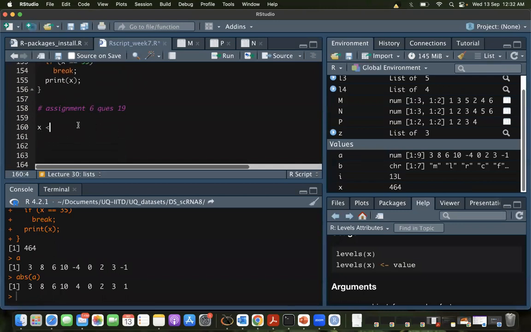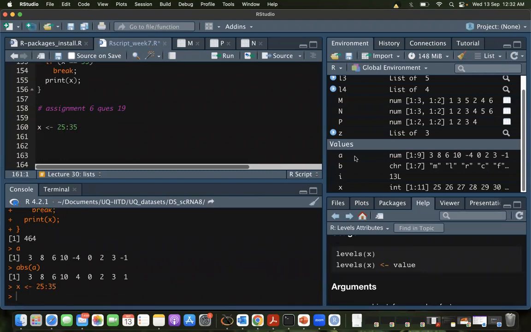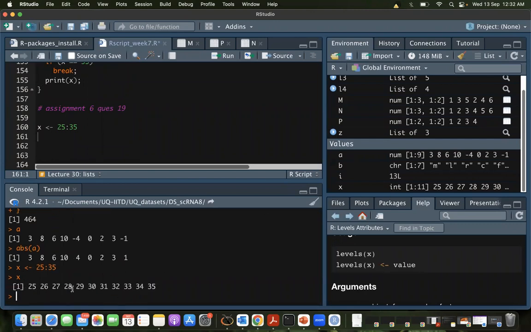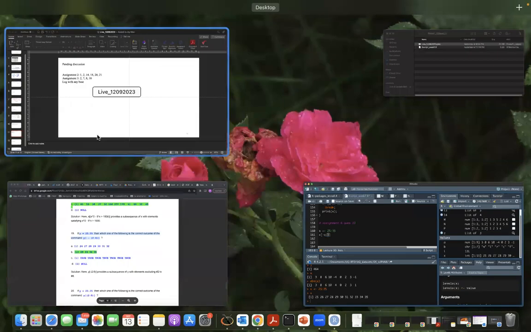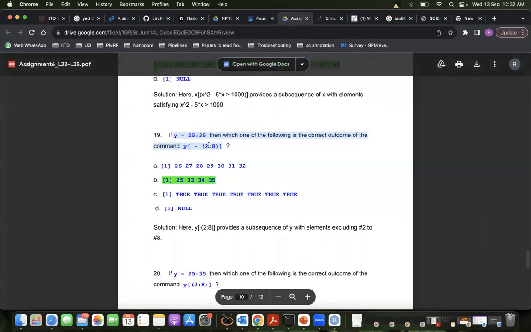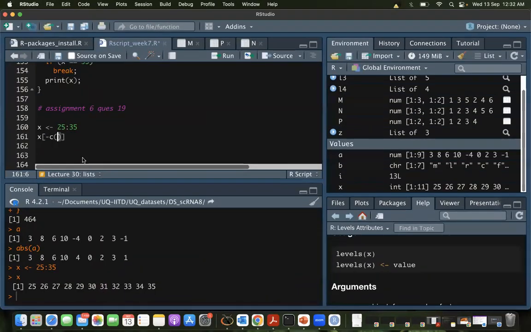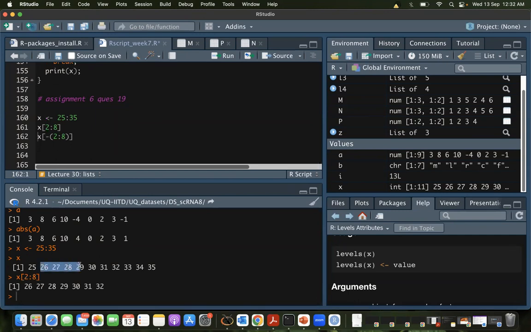We have x equal to 25 to 35. If I had written 2 to 8, you're selecting elements 2, 3, 4, 5, 6, 7, 8.